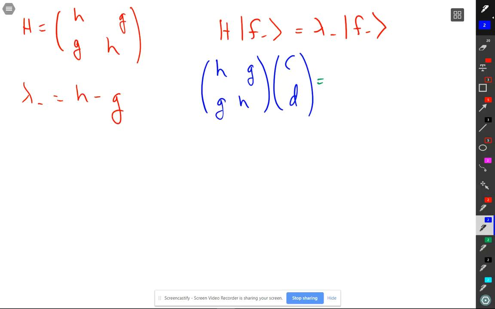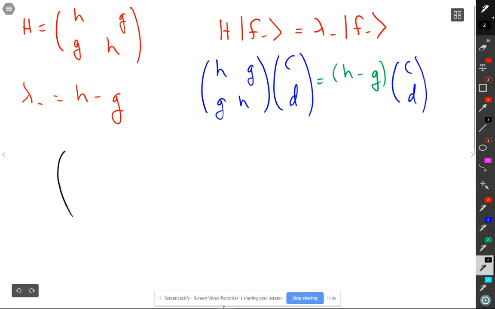So then your next matrix would be lambda 0. Well, lambda minus is H minus G. And then what do I put for F minus? CD. Right. Now we multiply through.